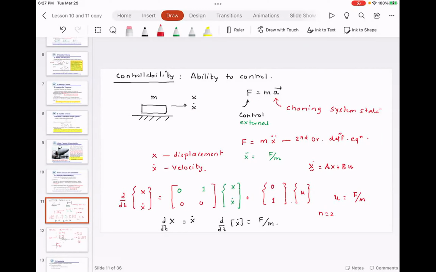So controllability means that whatever external function u I have is able to influence x and x dot. Do you agree with me? Now I want to make this problem slightly different.